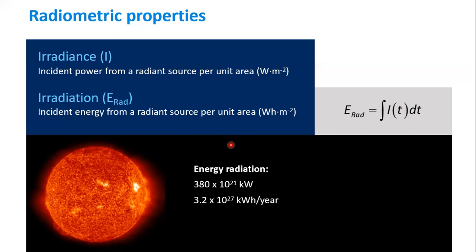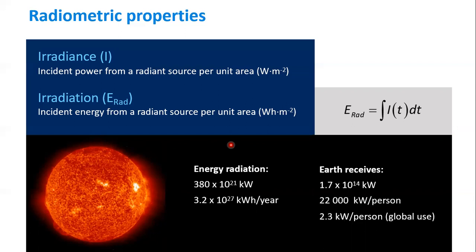However, Earth receives 1.7 times 10 power 14 kilowatt, or in other words, 22,000 kilowatt hour per person, 2.3 kilowatt per person, our global use. These are some numbers related to the sun.